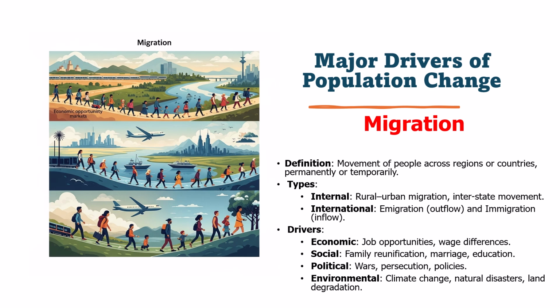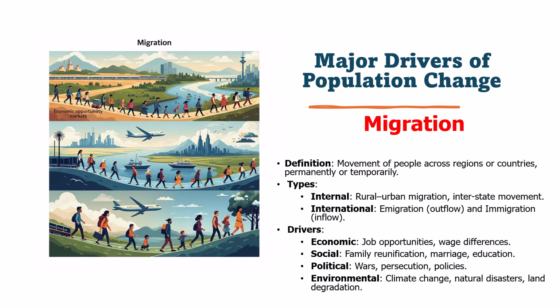Migration, defined as the movement of people across regions or countries, either permanently or temporarily, is another major driver of population change. It occurs internally through rural-urban or interstate movement, and internationally through immigration or emigration. Migration is driven by economic opportunities such as jobs and better wages, as well as social factors like family reunification, marriage, and education.